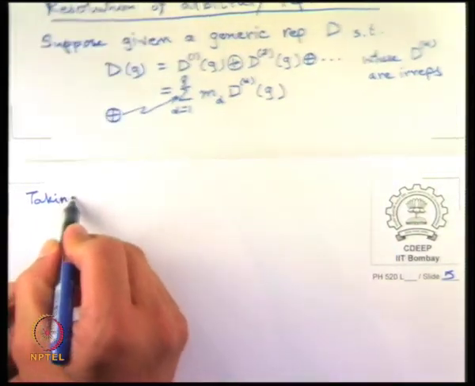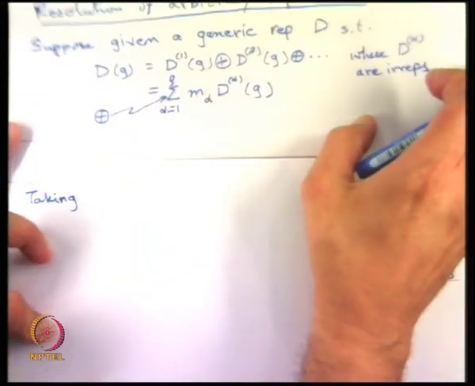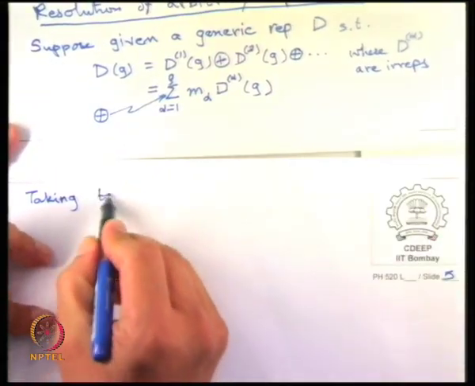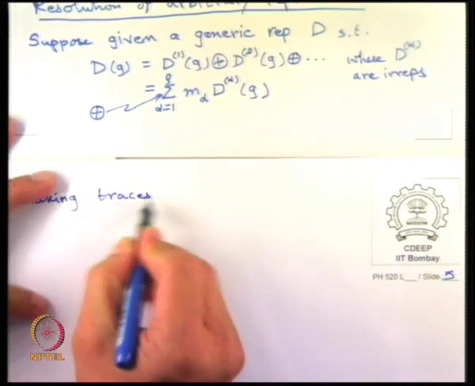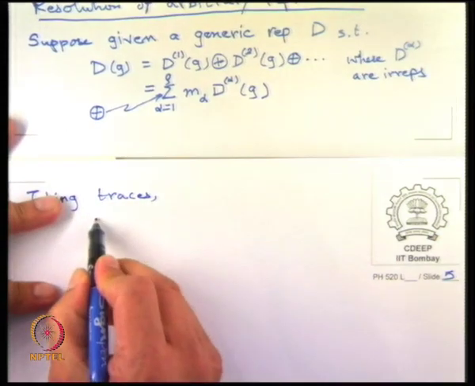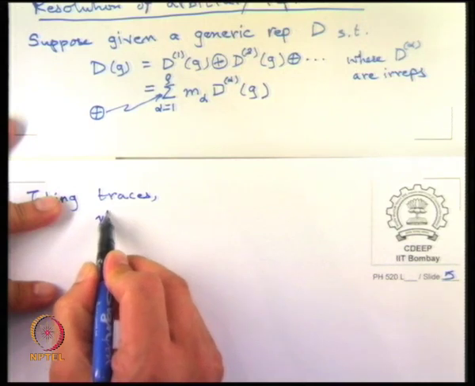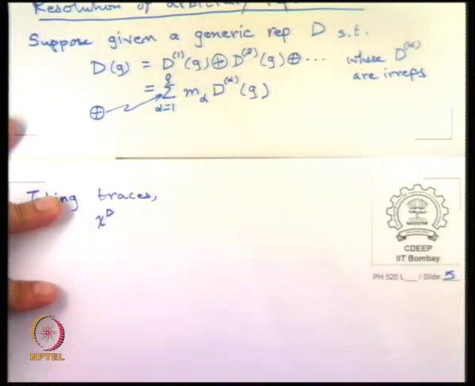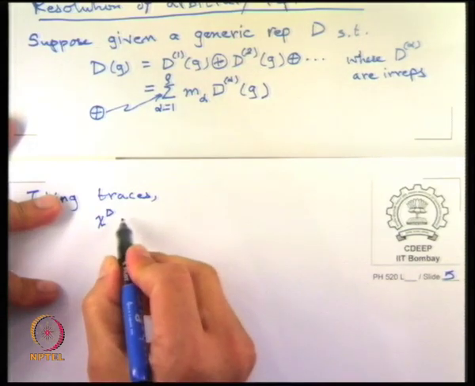So taking traces on both sides, we write this relation as chi, and we put a D to say that it's some generic rep, it's not labeled by the index alpha.